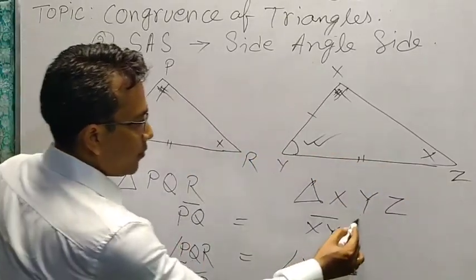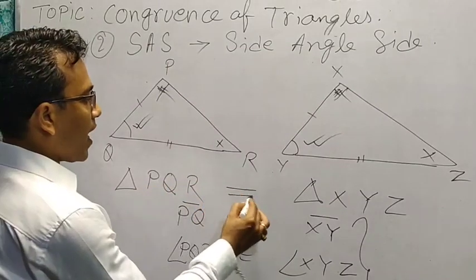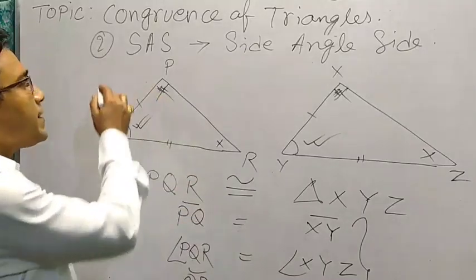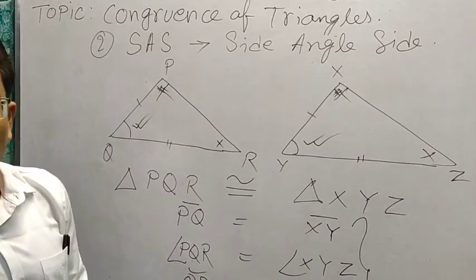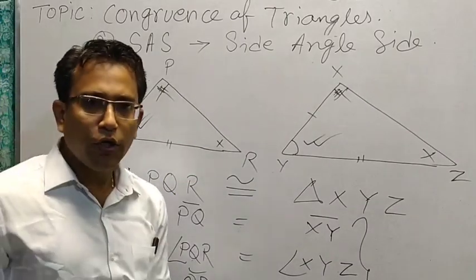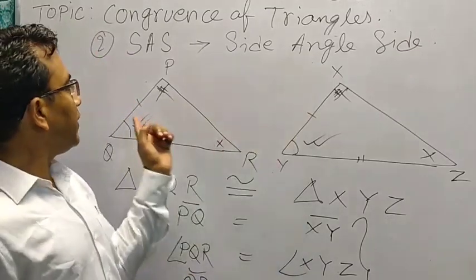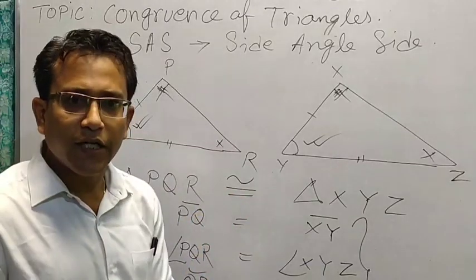These three criteria, if it fulfills, then we can say these two triangles are congruent. So this is the second congruency rule. You will get it by sign or by indication in your question paper, otherwise you will get it written in the question paper.